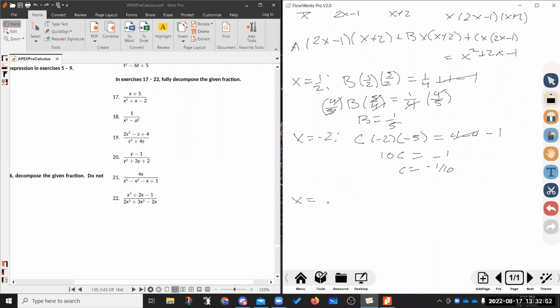Then I'm going to let x equal 0. When I do that, I have a times -1 times 2 is equal to -1. -2a is equal to -1. A is equal to 1/2.